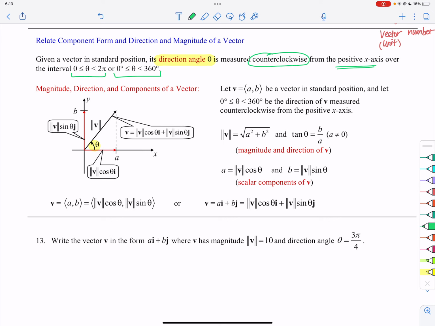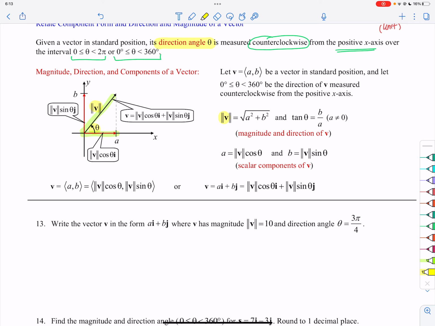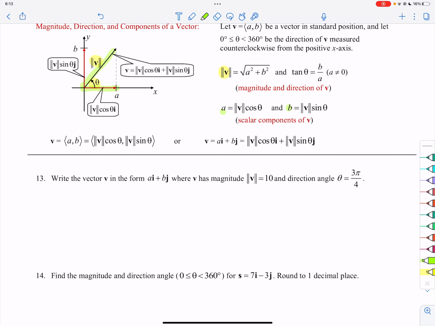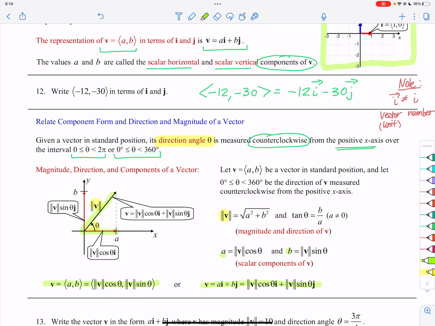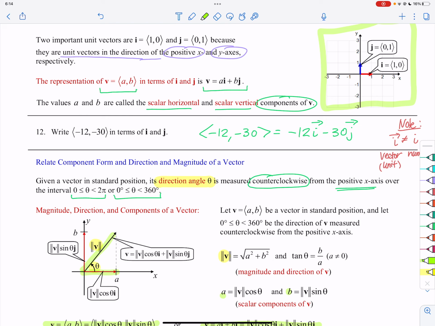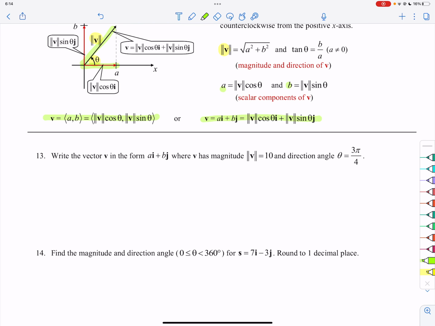You can see the i and j components of the vector, and you can also see this magnitude. Okay, and here are our scalar components, a and b. Okay, so then we will be able to write vector v in component form or in our i and j form, representing them with i and j.